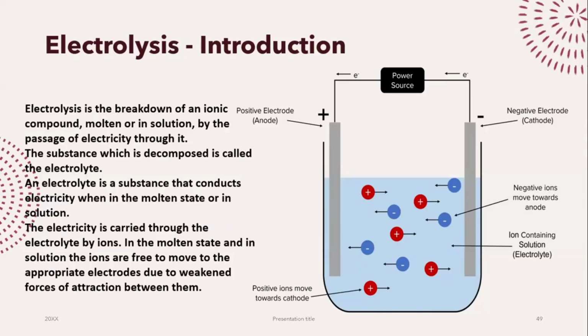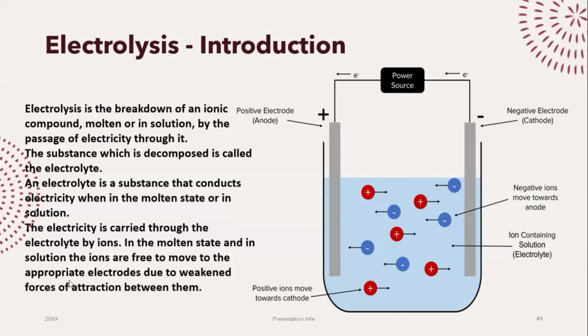If they are free, only then am I going to see the passage of electrical current. Otherwise, electrical current is not going to be able to pass through. So we need the ionic compound to be either molten, you need to melt it down, or you need to make a solution out of it.